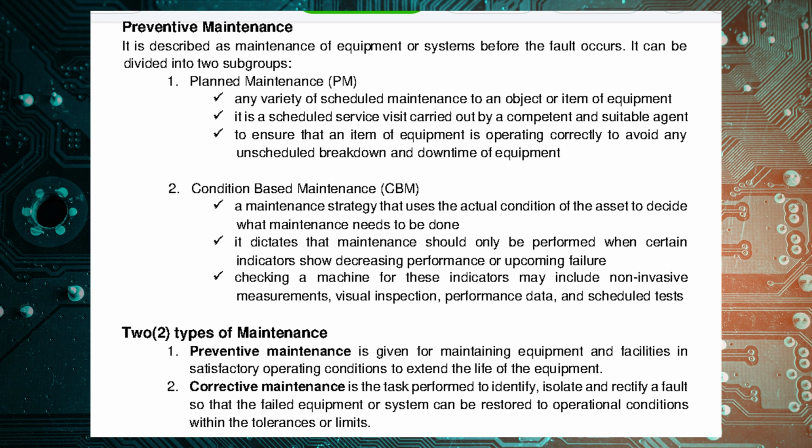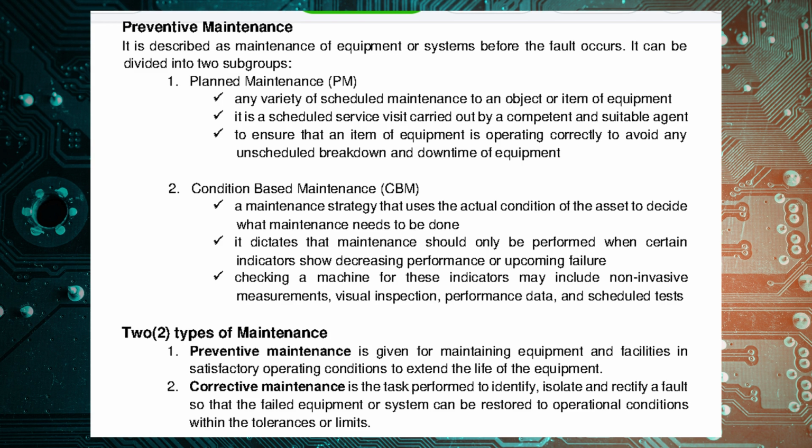Also, it is a scheduled service visit carried out by a competent and suitable agent. This is used to ensure that an item of equipment is operating correctly to avoid any unscheduled breakdown and downtime of equipment. While condition-based maintenance is a maintenance strategy that uses the actual condition of the asset to decide what maintenance needs to be done.